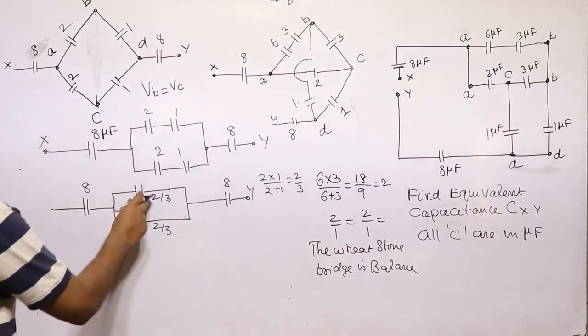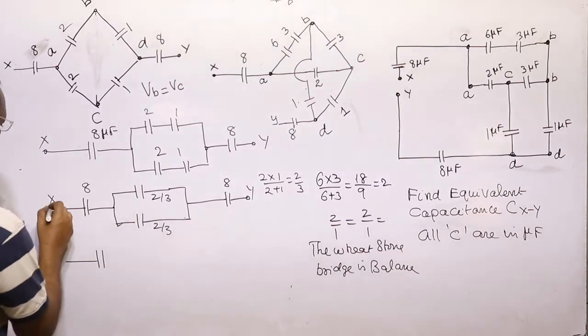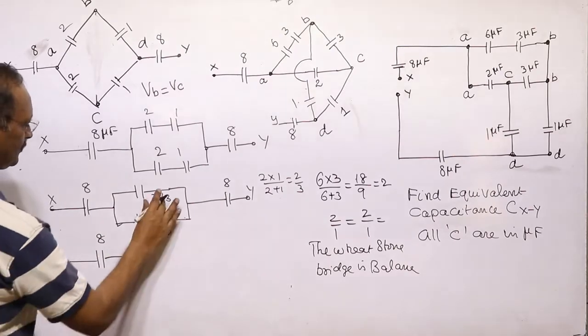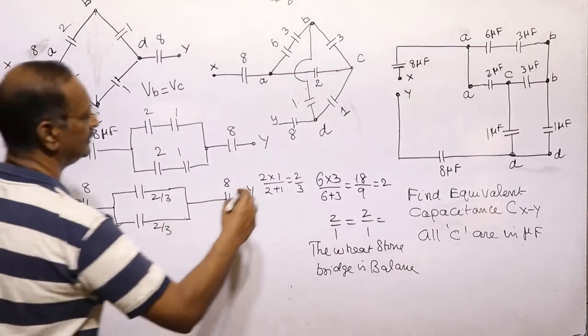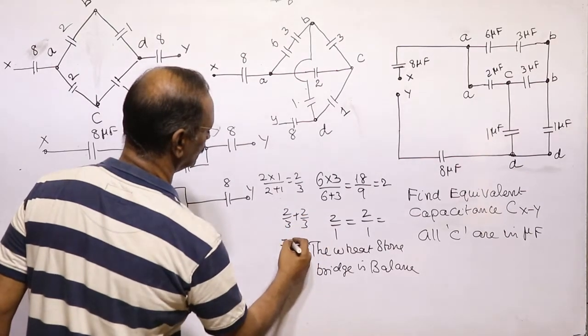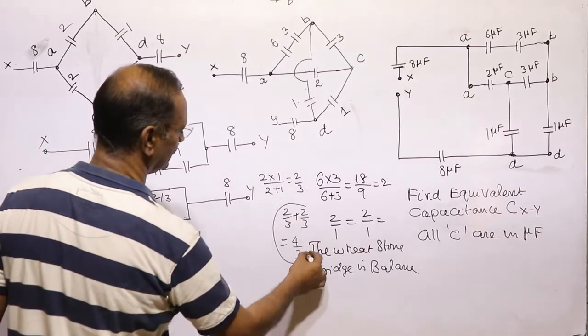Now these both are in parallel. This will be 8, this is X, and this is 2 by 3 plus 2 by 3 is equal to 2 into 2 by 3 is equal to 4 by 3. This is 4 by 3.